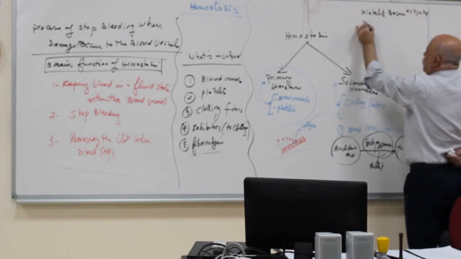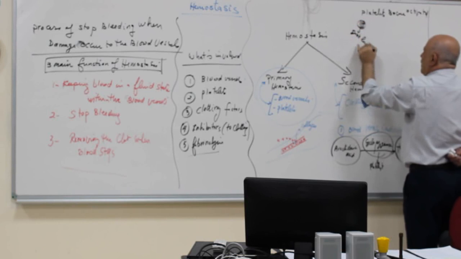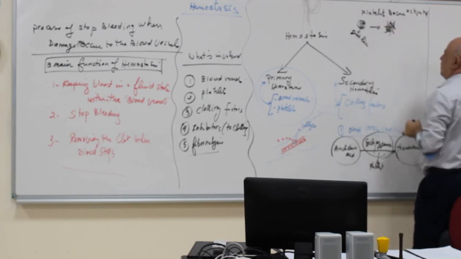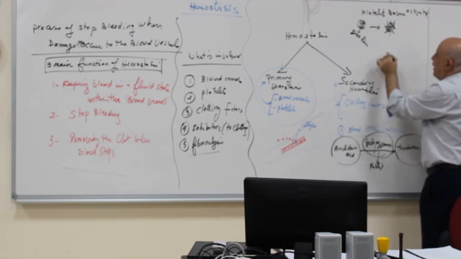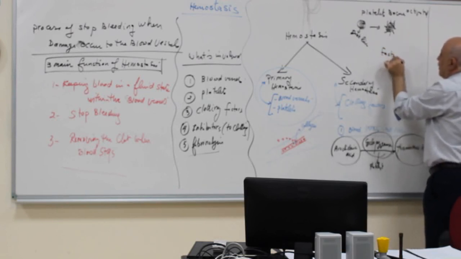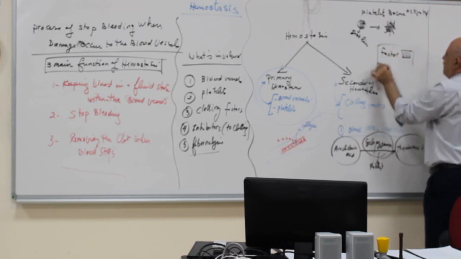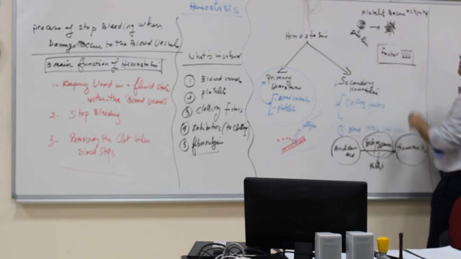What it means is that they turn from a disc-like shape to a sphere with spiky projections. This is called the activation process, and factor 8, von Willebrand factor, assists in this activation process.